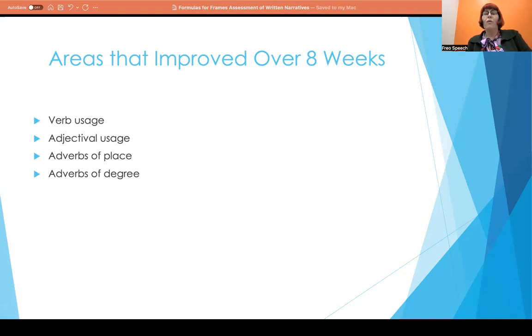And so one would like to think that that improvement in all of those is a direct result of her learning those techniques. But also, when you adjust the macrostructure, you will get a similar adjustment in the microstructure.